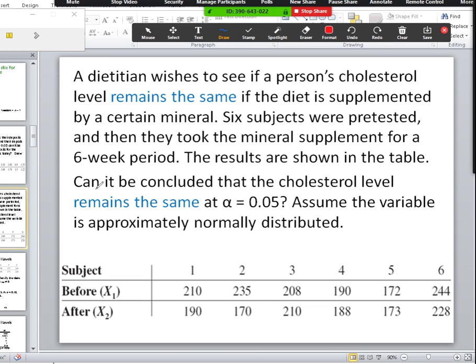You can just write mu d if you want. That's the same thing. So then since this is my claim, H naught, H1 becomes the opposite of that: mu1 minus mu2 is not equal to 0. Remember, whenever my claim is H naught, then H1 becomes the opposite of my claim, not equal to. All right.